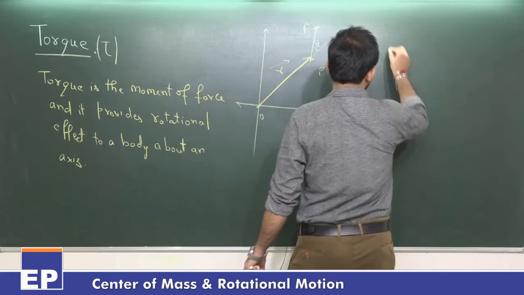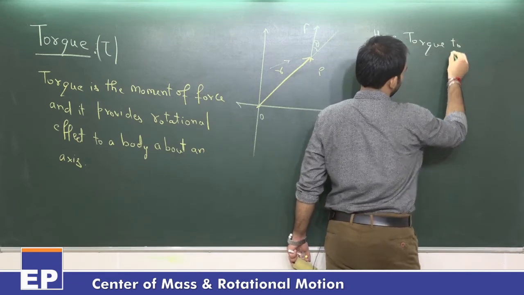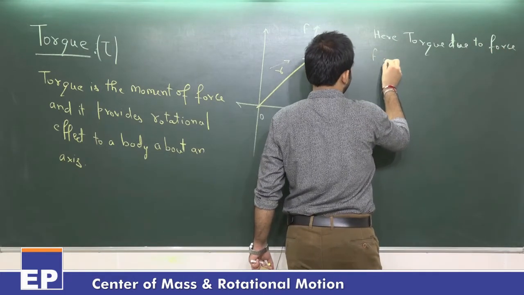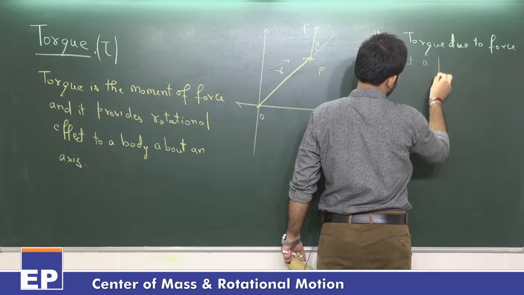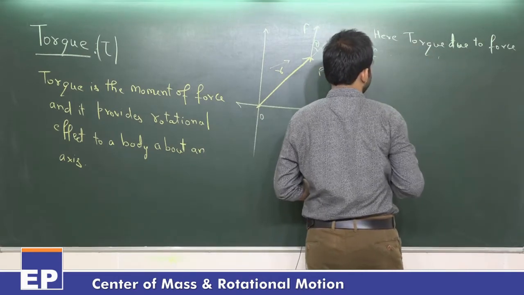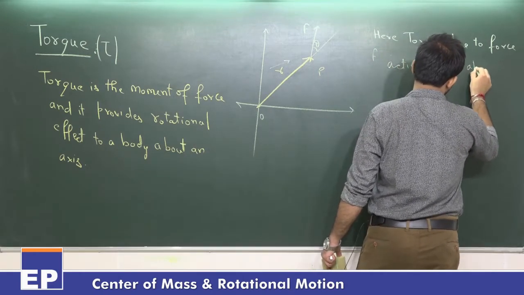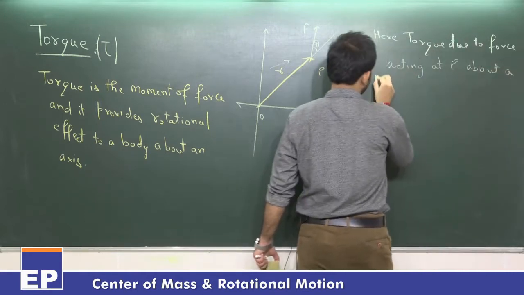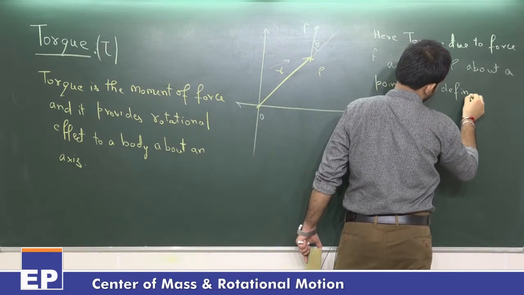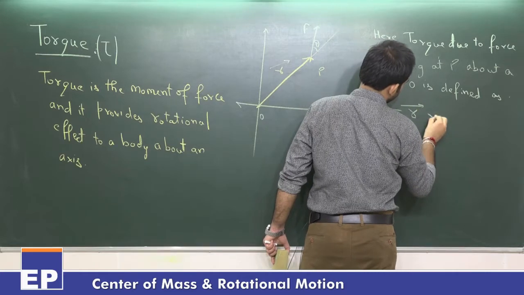Like here, the torque due to force F acting at P about a point O is defined as tau vector equals R vector cross F vector.